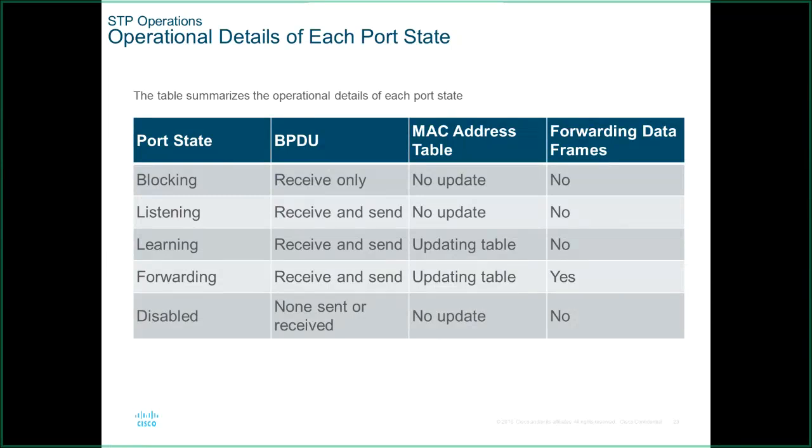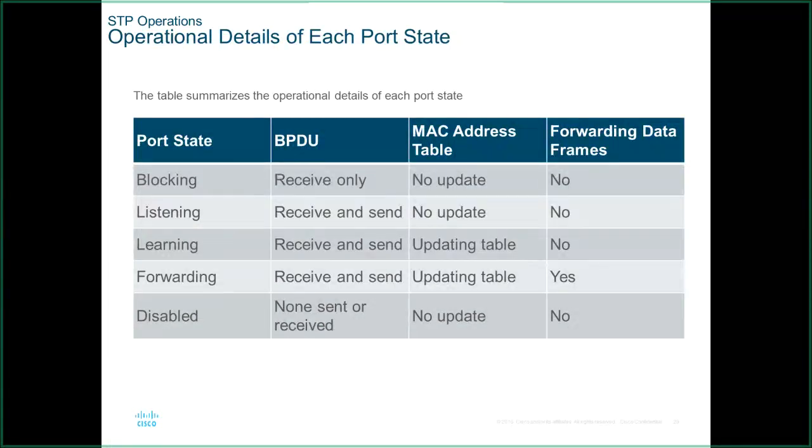Listening receives and sends the PDUs, doesn't update the tables, doesn't forward traffic other than the PDUs. Learning, it's still receiving and sending the PDUs, but it's starting to update the MAC address table ready for forwarding. It's not going to forward any data, but it's getting itself ready.